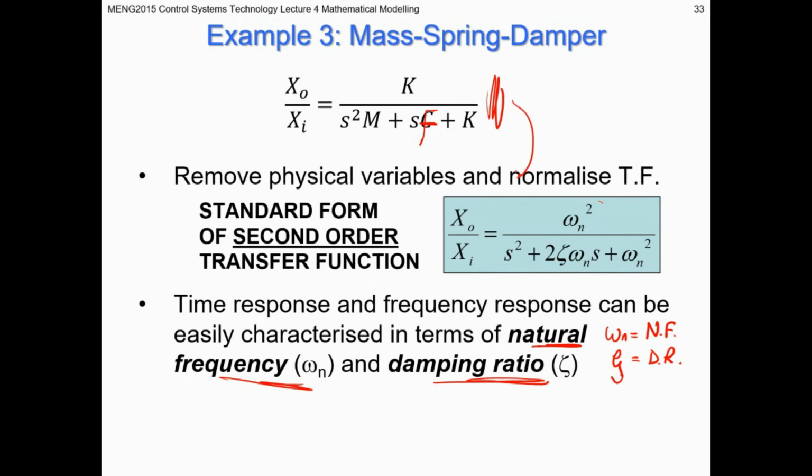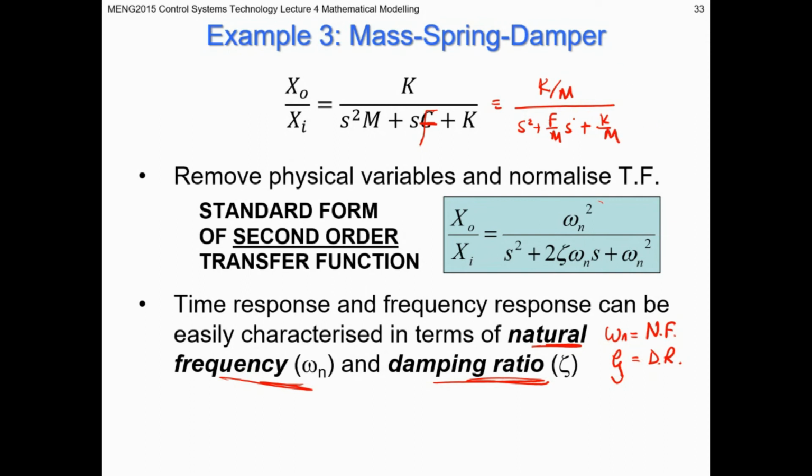If we rearrange this into this format, then what do we get? We're going to divide top and bottom by m to do that. And this is going to be f upon m s and k upon m.